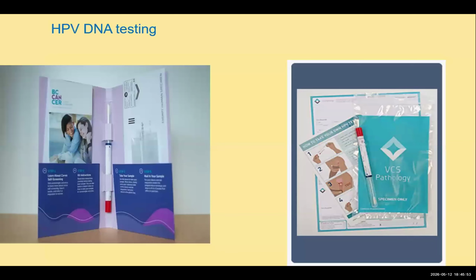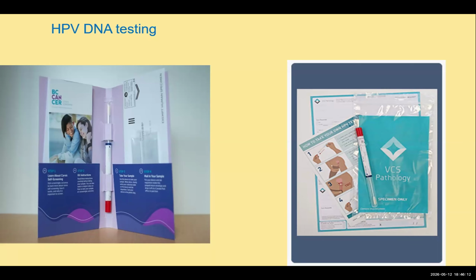With the HPV DNA testing, usually a sample of cells is collected from the cervix or the vagina using a small brush or swab and sent to the lab for processing. So it detects the DNA from the high-risk types, which are types 16 and 18 of the human papilloma virus.